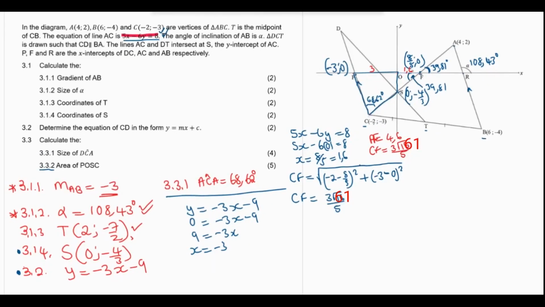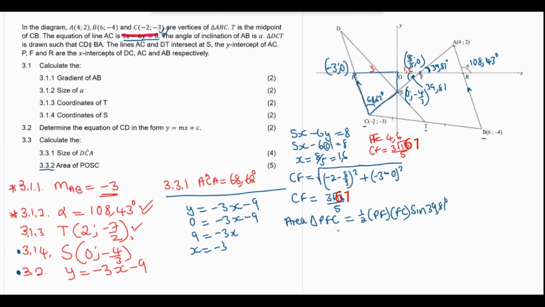Right now we have a side, angle, side. We have two sides and an included angle. We can use the area rule. So the area rule will say the area of triangle PFC is equal to half times PF times FC, then sine 39,81 degrees.